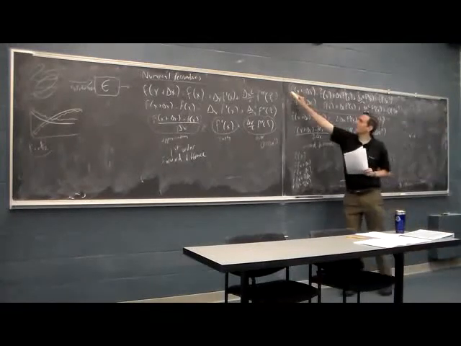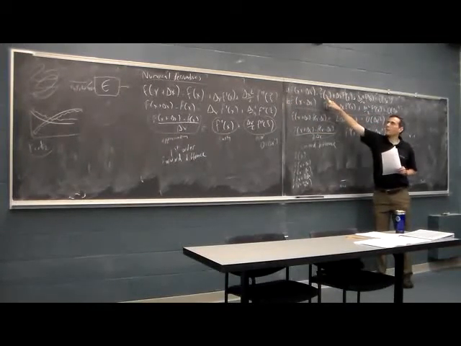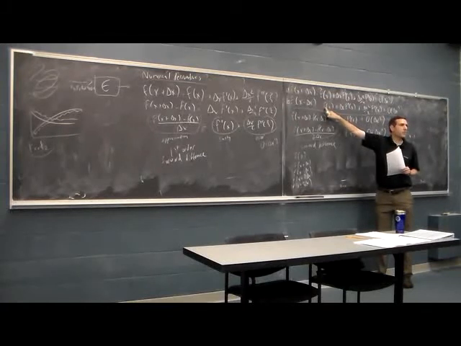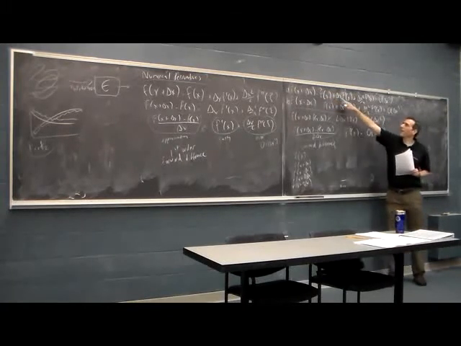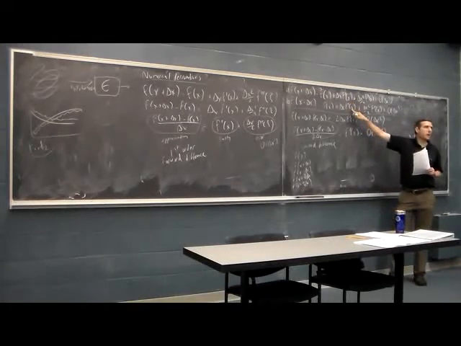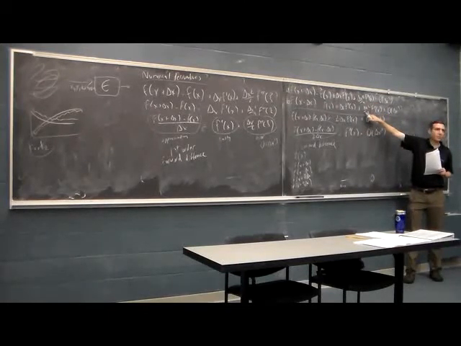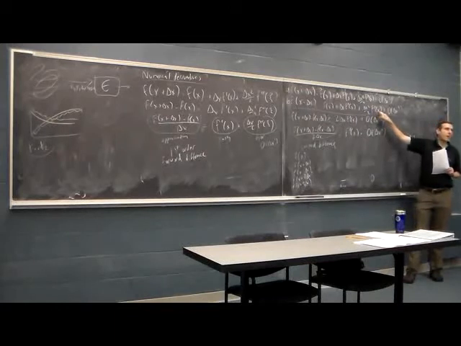We're trying to take some multiple a of this term, some multiple b of this term, such that a times f of x plus b times f of x is 0, so we cancel out that. A times delta x f prime of x plus b times delta x f prime of x equals f prime of x. A times delta x squared over 2 f double prime of x plus b times delta x squared over 2 f double prime of x is 0, and so forth.